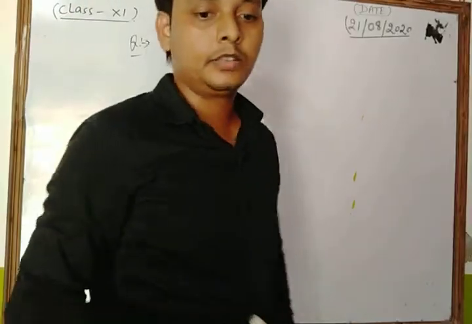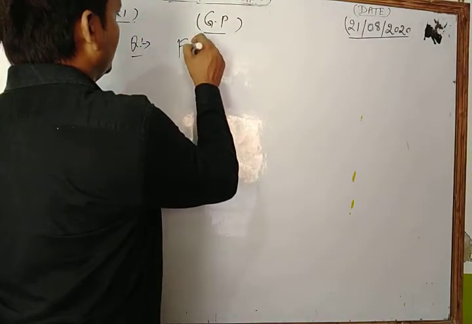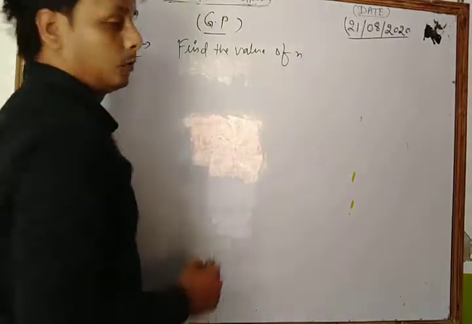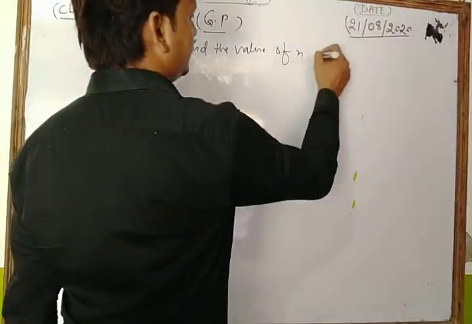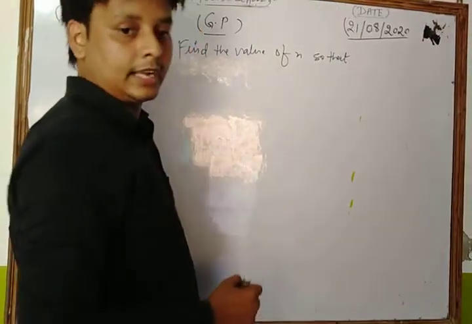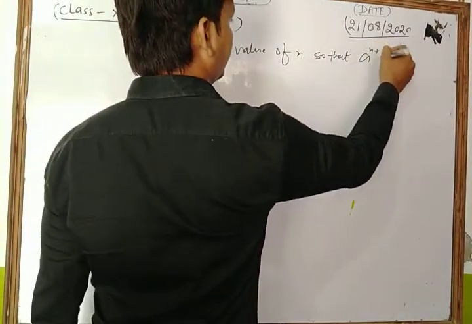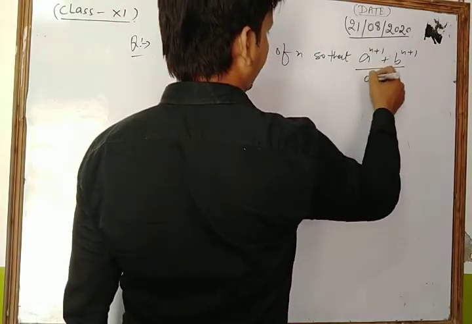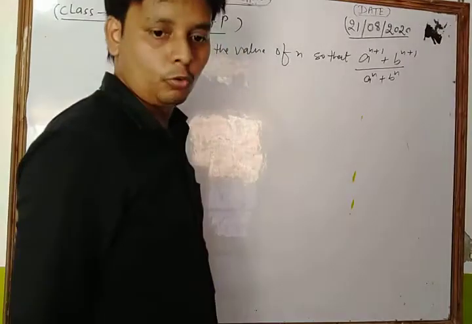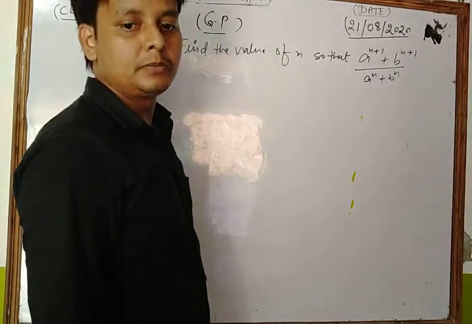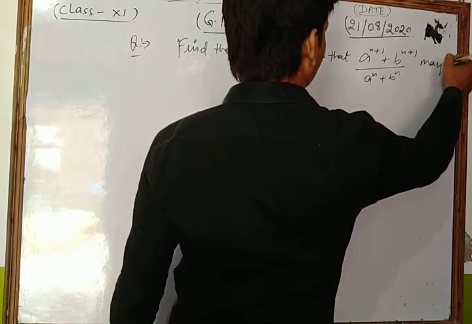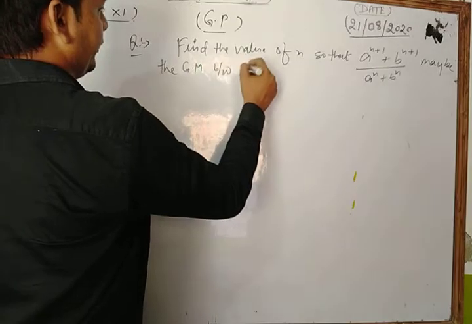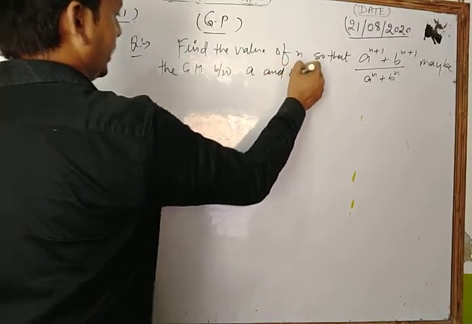Your next question is, find the value of n, such that a to the power n plus 1 plus b to the power n plus 1 upon a to the power n plus b to the power n may be the geometric mean between a and b respectively.